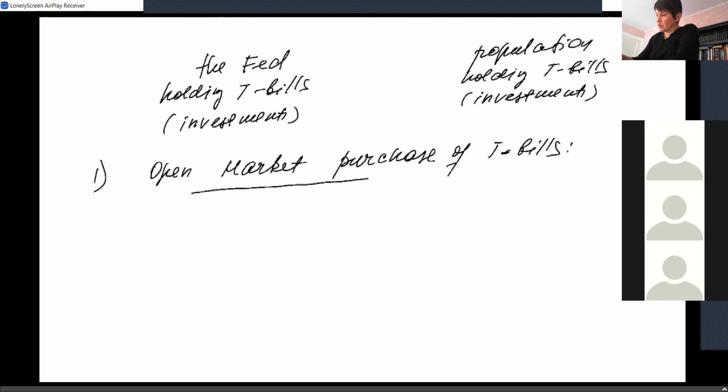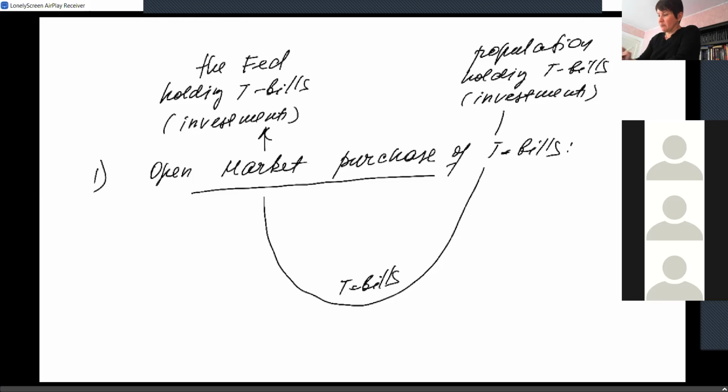Through an open market purchase, the Fed says to the population, sell me your T-bills. Well, you know, it's a regular transaction after all. You sell something that belongs to you, you get money instead.